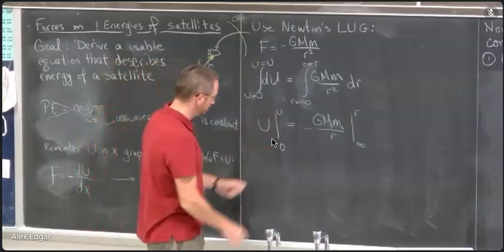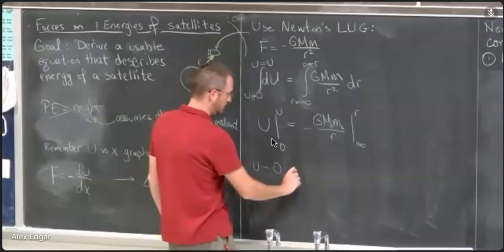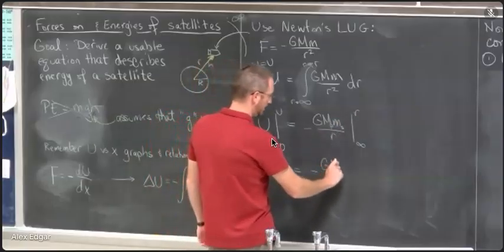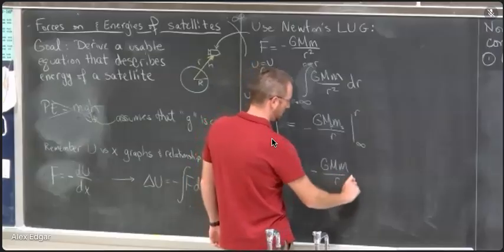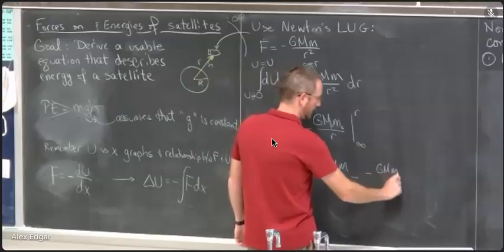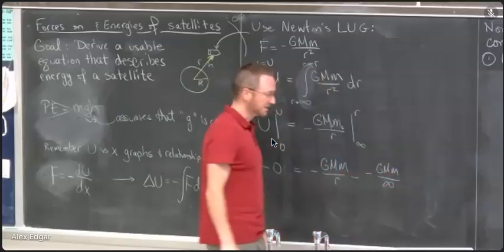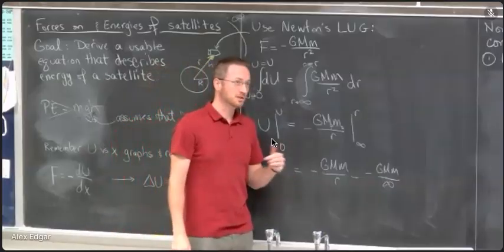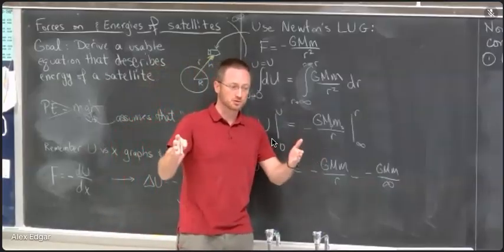Evaluating at our limits, we're going to have U minus 0, and then here we're going to have minus GMm over r, minus a negative GMm over really big. Now, a standard AP problem is what is the change of potential energy between these two points?